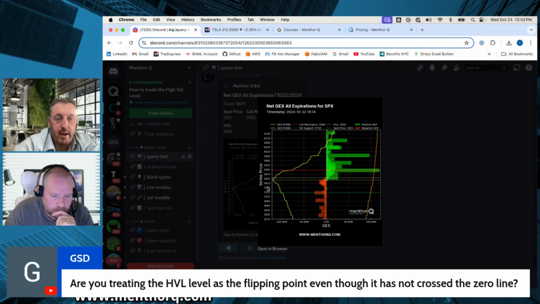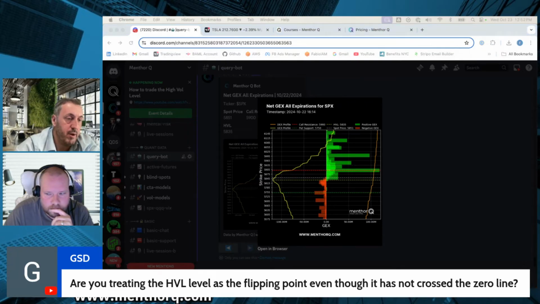It's when the curve flips from negative to positive or vice versa, and here you have that cut through point right here. So yes, the idea is the same. The model is calculated a bit differently, but the idea is exactly that.